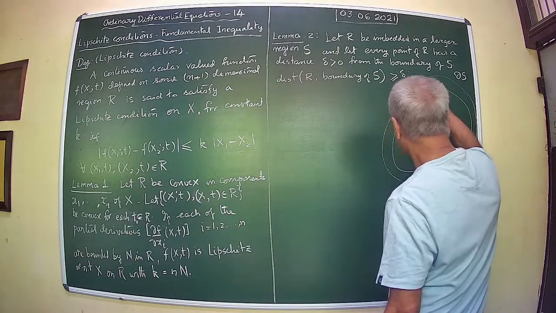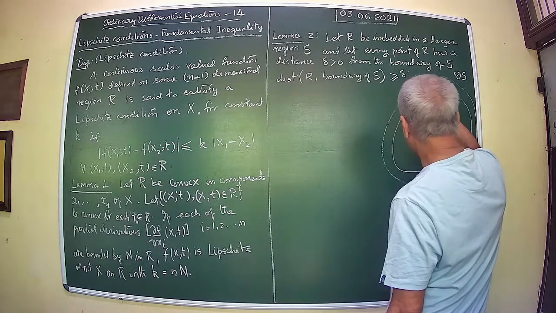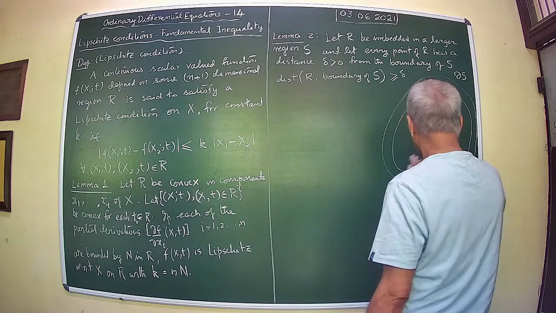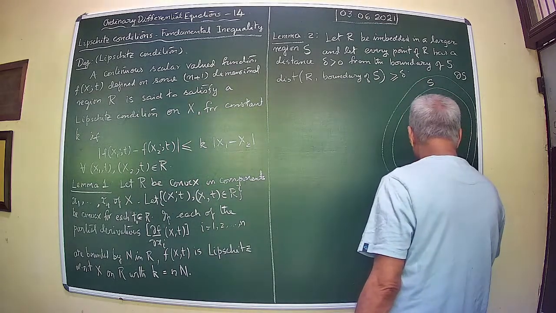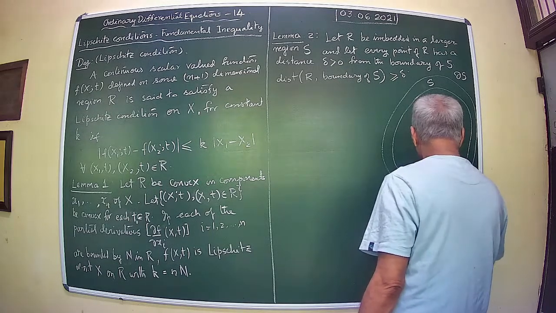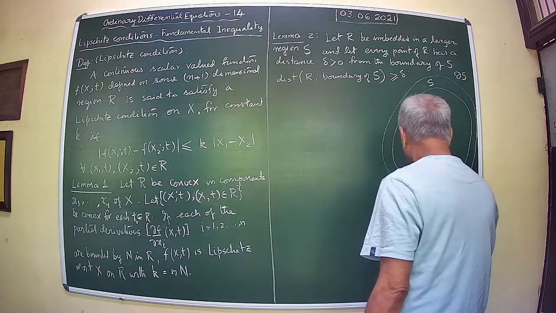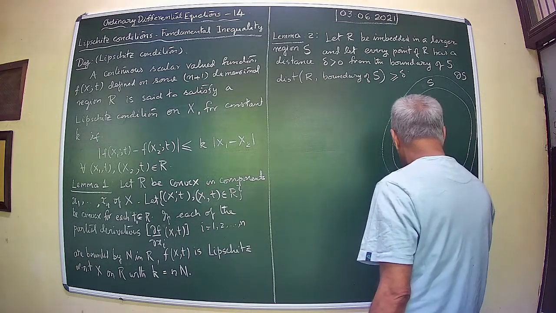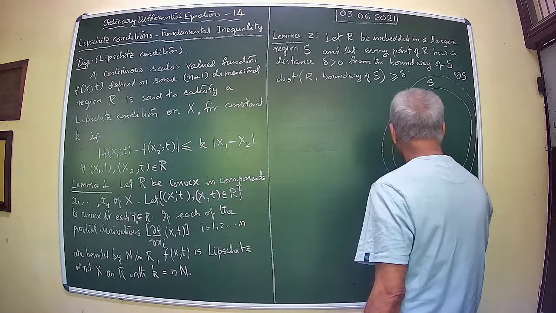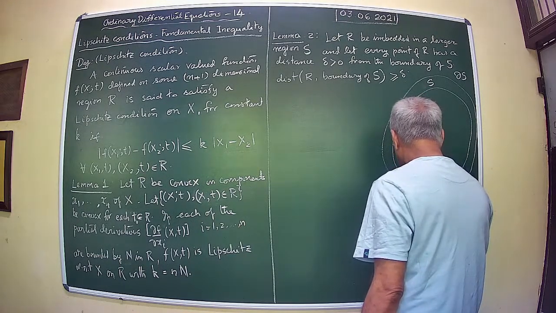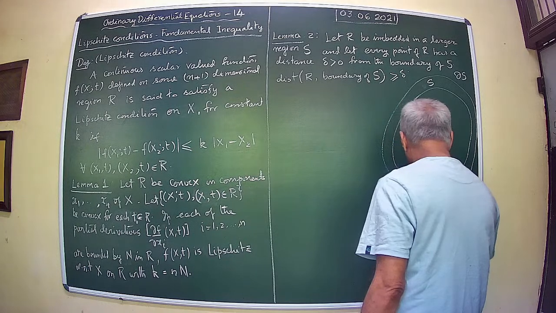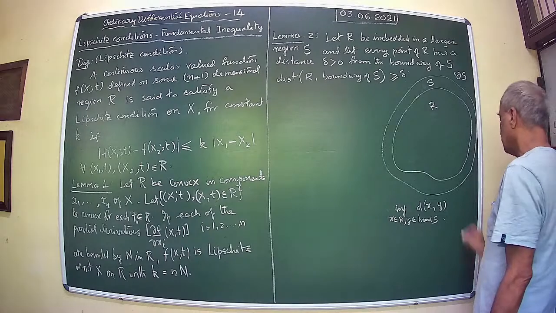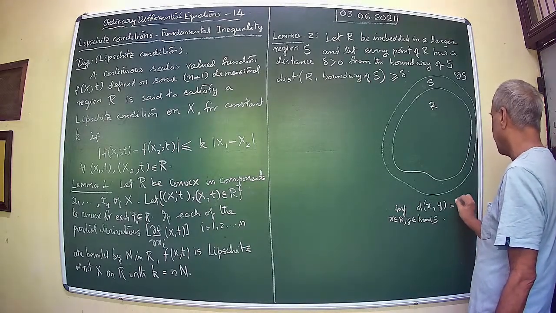This is the minimum distance, that is, you take an x belonging to R, so this is the distance from x to y, the minimum of the distance from x belonging to R and y belonging to the boundary of S. We assume this is delta.